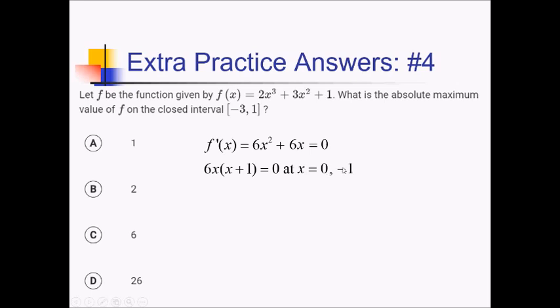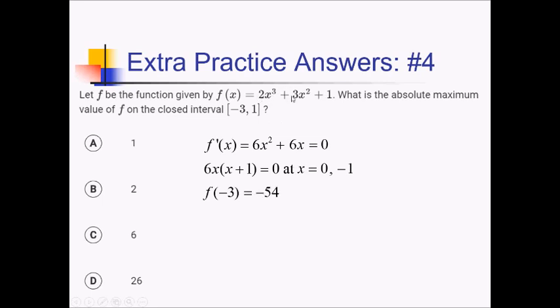These are also candidates. So going through and testing each of those values now in the original function, let's try f of -3 first. And we have to do all this without a calculator. This is a no calculator question. So mental math or write out your work. So first off, we've got -3 cubed, which is -27, times 2 is -54 for that first term.